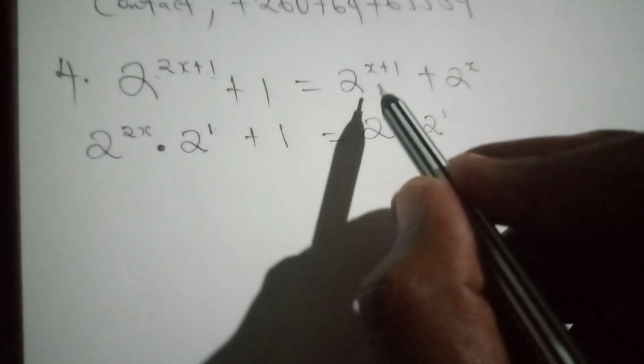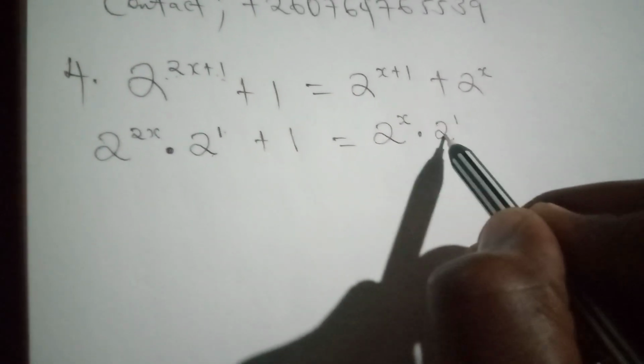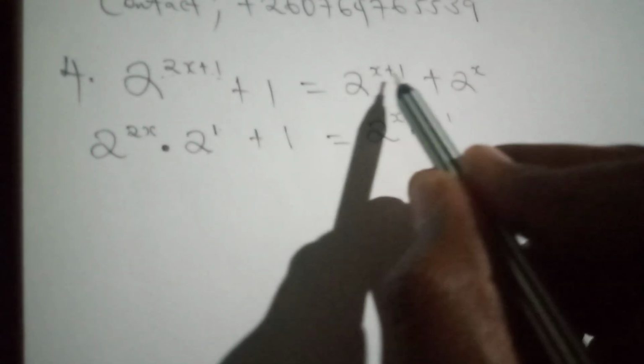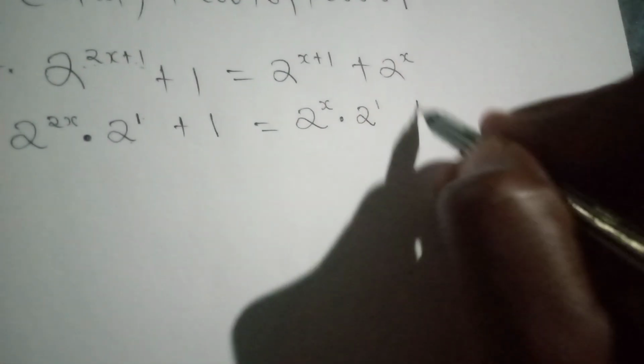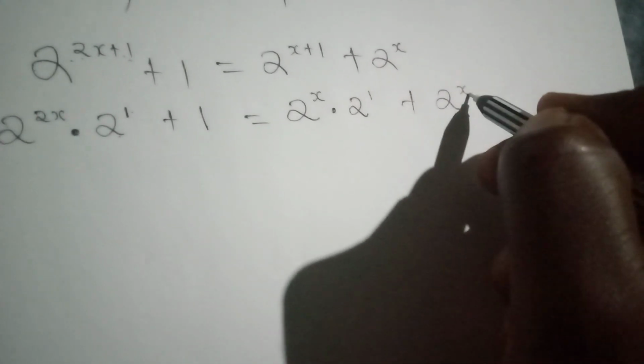Since they were multiplying, they added the powers, plus 2 to power x.